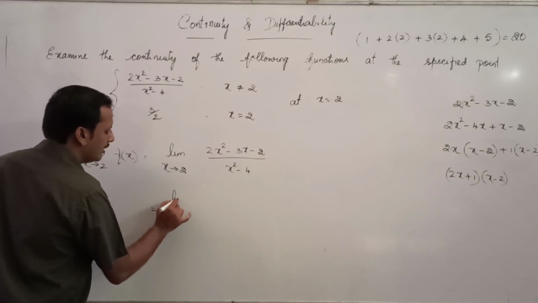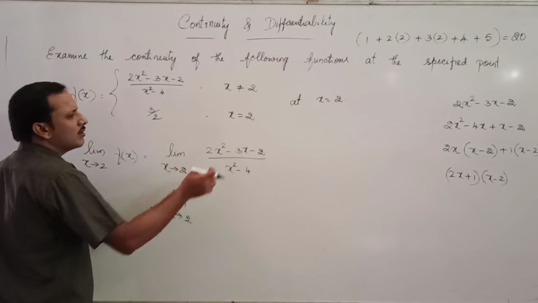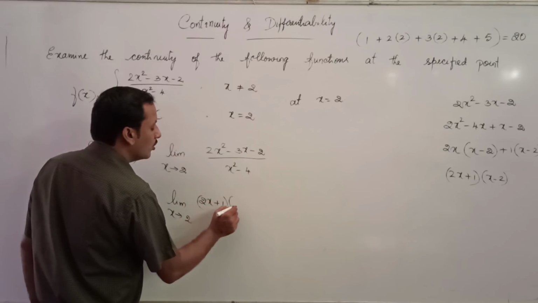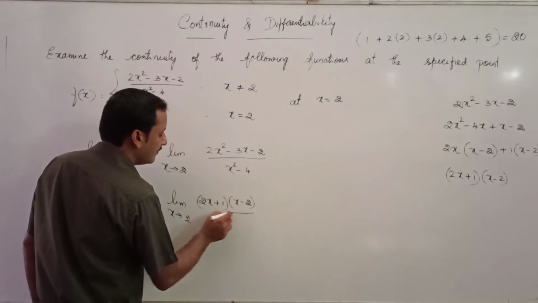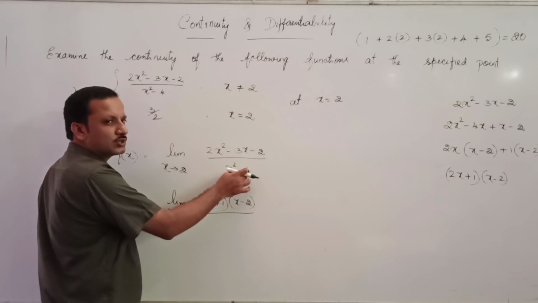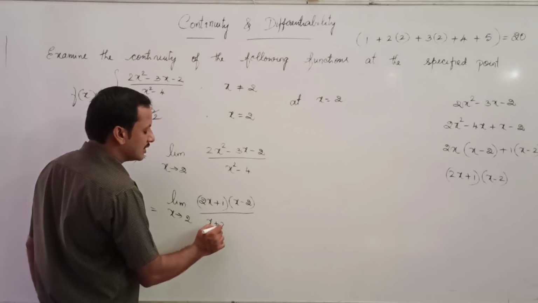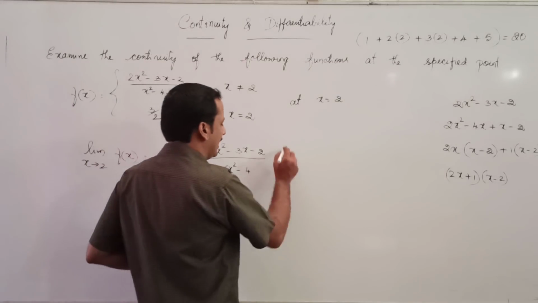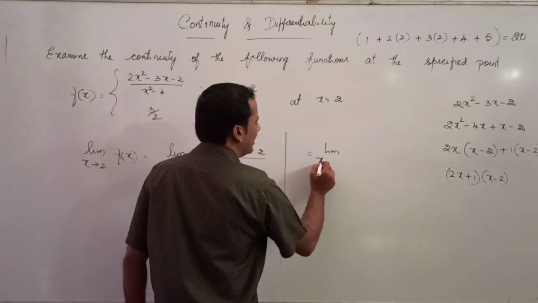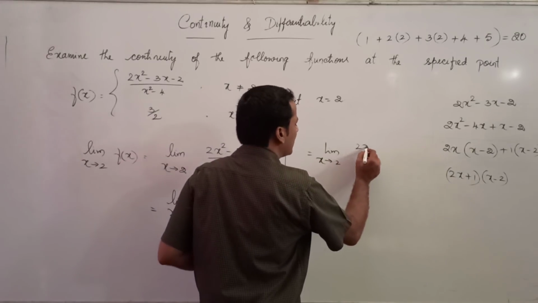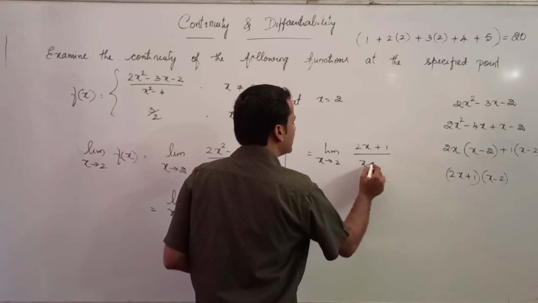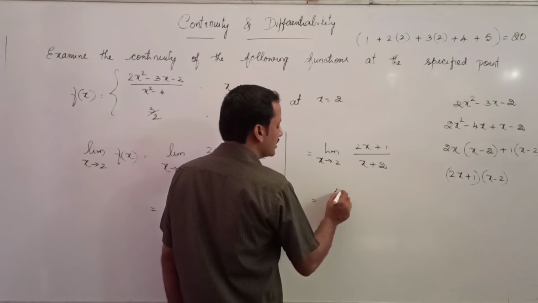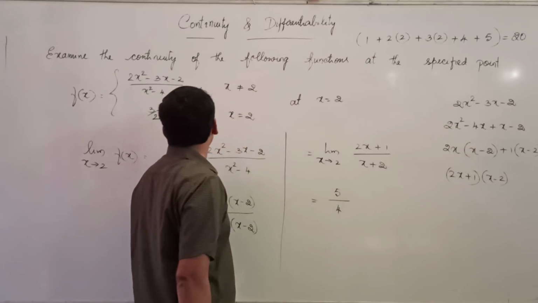Let us substitute here. The limit as x tends to 2 of (2x + 1)(x − 2) divided by x² − 4. I will write 4 as 2², and x² − 2² can be written as (x + 2)(x − 2). Now the (x − 2) gets cancelled, hence this is equal to the limit as x tends to 2 of (2x + 1)/(x + 2). Applying the limit, we get 2 into 2, 4, plus 1, which is 5, divided by 2 plus 2, that is 4.